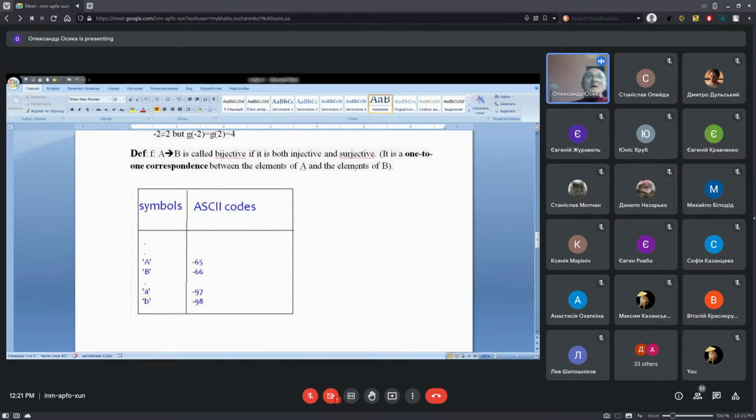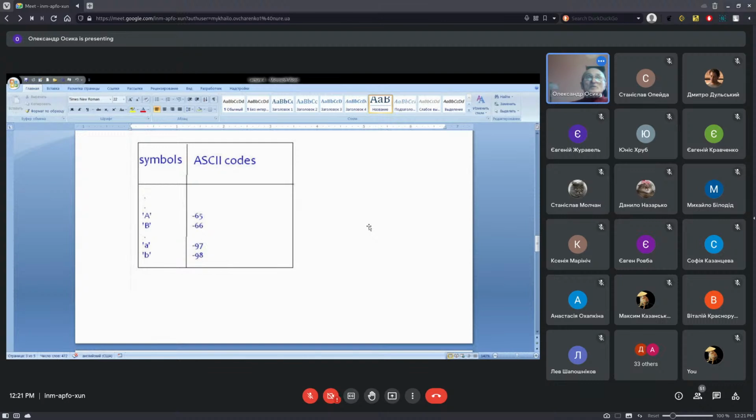It is a one-to-one correspondence between the elements of A and the elements of B. So if we have such a function that is injective and surjective, then it is a one-to-one correspondence.